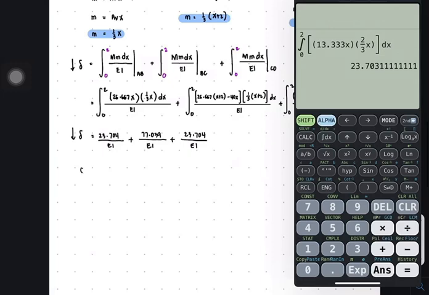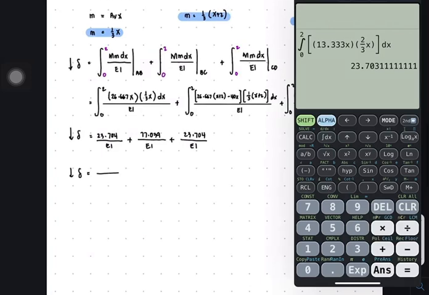And what we're gonna do now is get everything. So you have 23.704 plus 77.034 plus 23.704 over EI. So the answer is 124.442 kilonewtons cubic meter over EI.